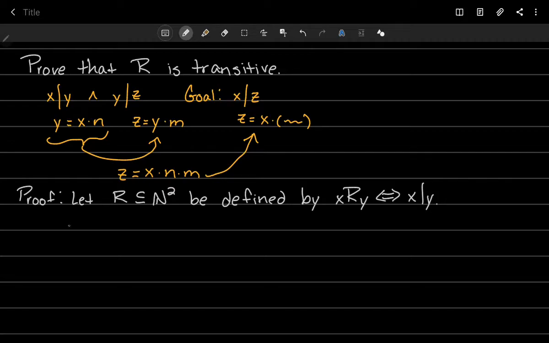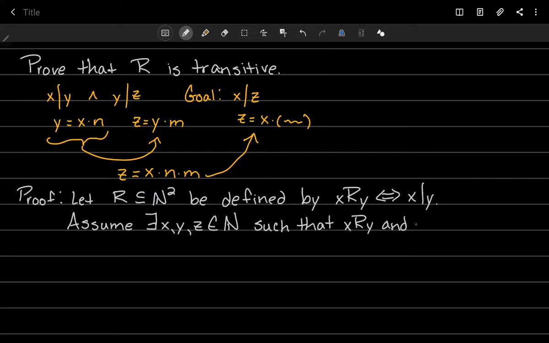So we want to show transitive, so we assume there exist x, y, and z in the natural numbers such that x is related to y and y is related to z.